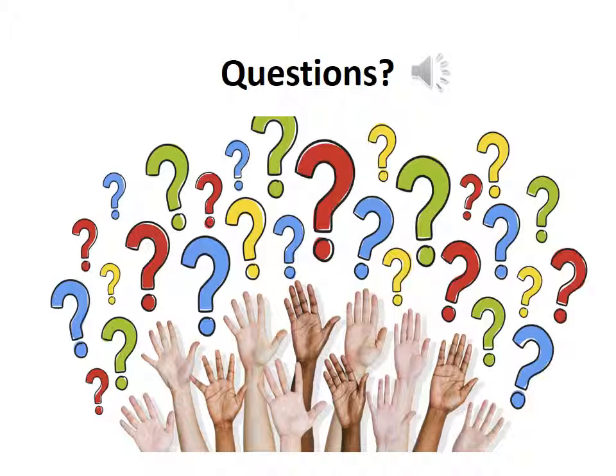Here are a few questions that we've gotten from staff after this training. First, if a person leaves for an appointment prior to their medication administration time, what do we put on the MAR? If a person is absent at the time that you're administering a medication, you would put A for absent on the MAR.